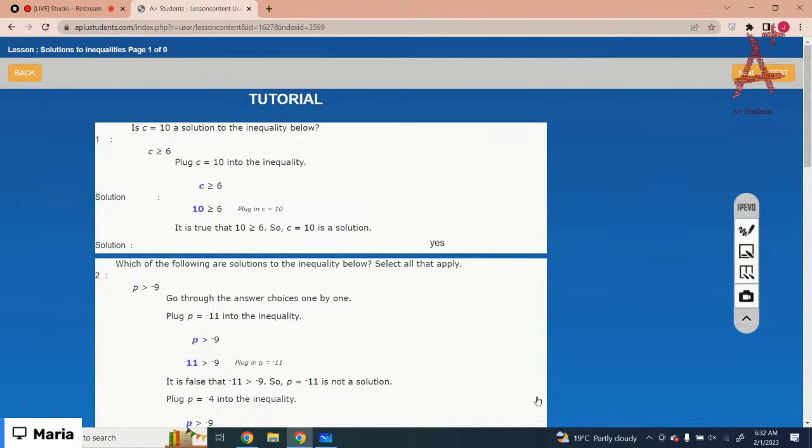In an inequality, you don't have equal. So let's start with the first one.